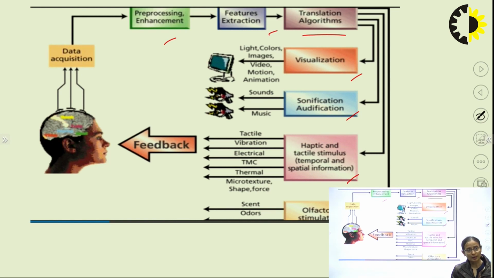In the case of haptic and tactile stimulus, we could have tactile, vibration, electrical, thermal, micro, texture, shape or force related applications. In the case of olfactory stimulation, we could have scent and odor related stimulation, and after that the feedback is again given to the human.